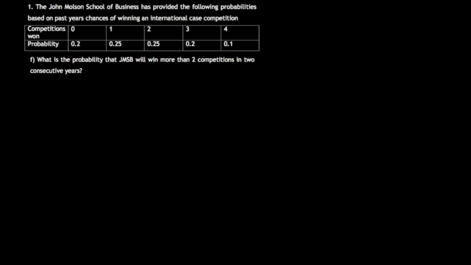What is the probability that JMSB will win more than 2 competitions in 2 consecutive years? So once again, this is a 2-parter, so let's cut it up. The first part says, what is the probability that they will win more than 2 competitions?